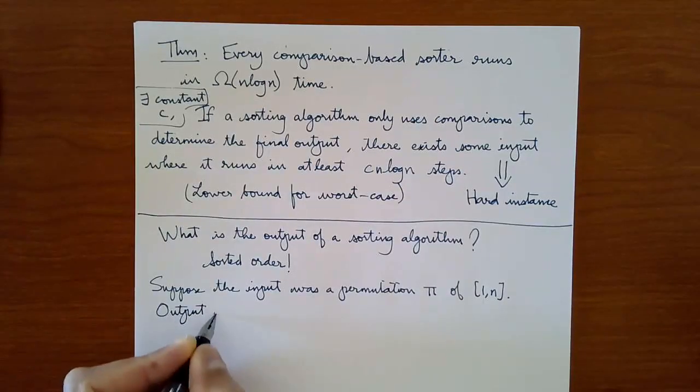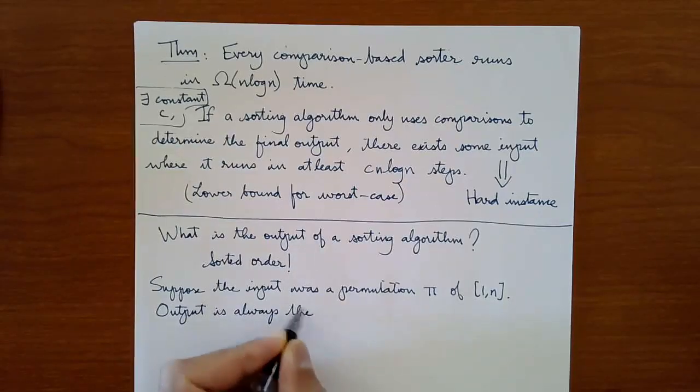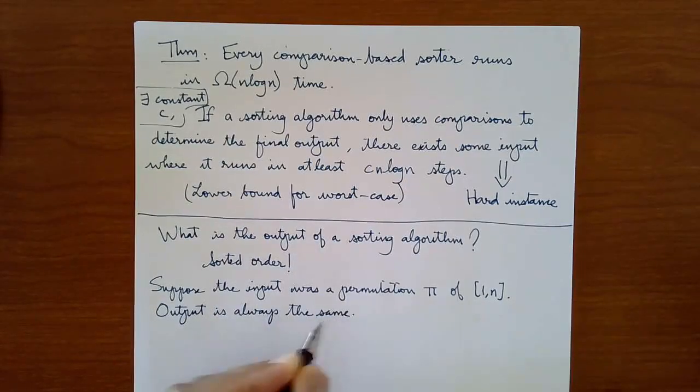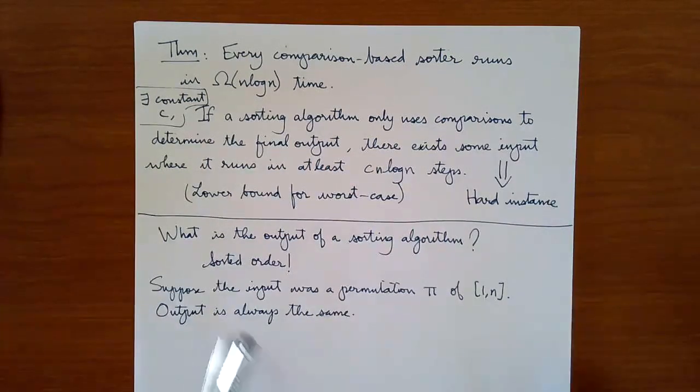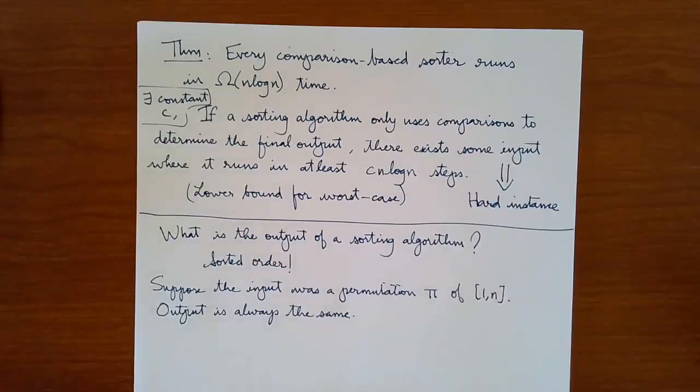The output is always the same. So here's the problem. Suppose I told the algorithm that the input is going to be a permutation from 1 to n. Well, then there's a linear time algorithm to do it, because it will just output 1 to n.